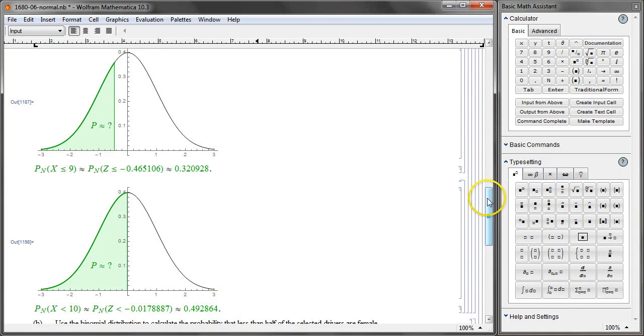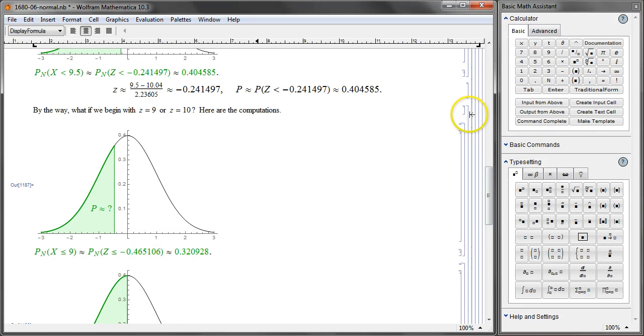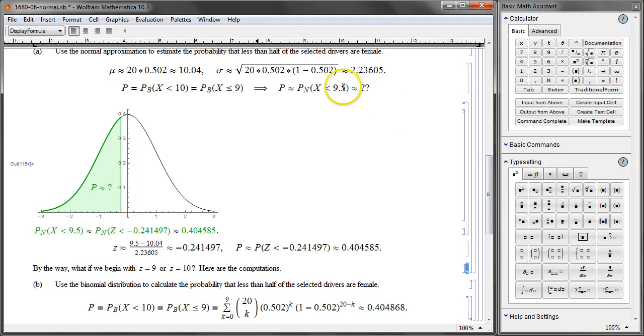And compare these values with what you got from binomial. They're not similar at all. The reason? When you use normal approximation, make sure you get the appropriate decimal, something .5.